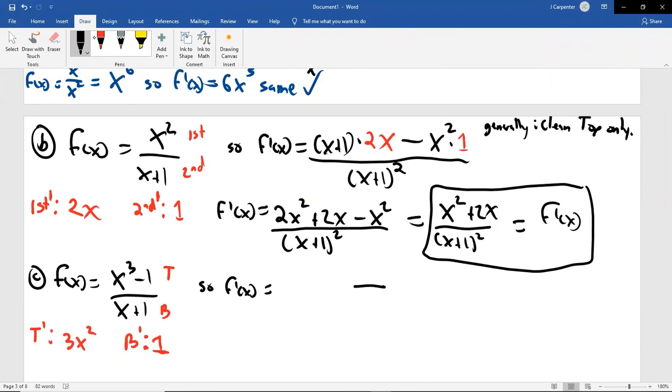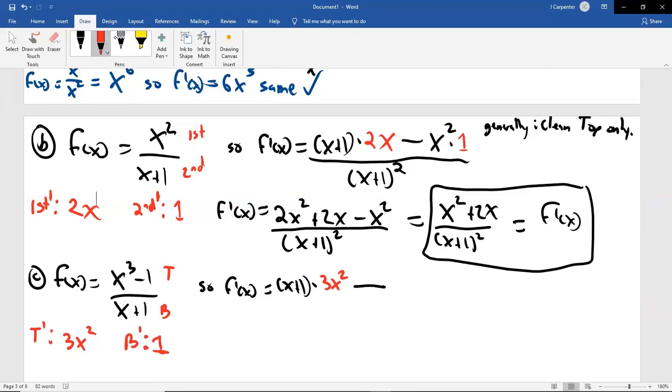So I'm going to go bottom, which is x plus 1, times the derivative of the top, which was the 3x squared. You can put the 3x squared, then the x plus 1. That's okay. That's what I was emphasizing. Then the minus, that's not a fraction bar, just an overemphasized minus. Now, because we used the derivative of the top here, we're going to flip-flop and do the derivative of the bottom in the second bit after the minus.